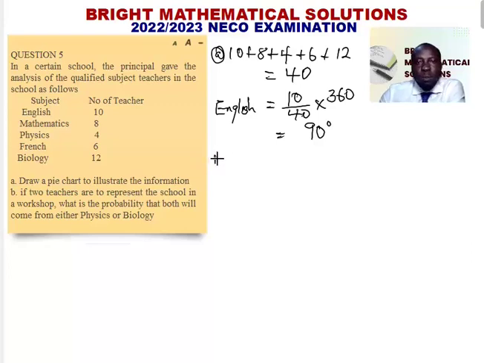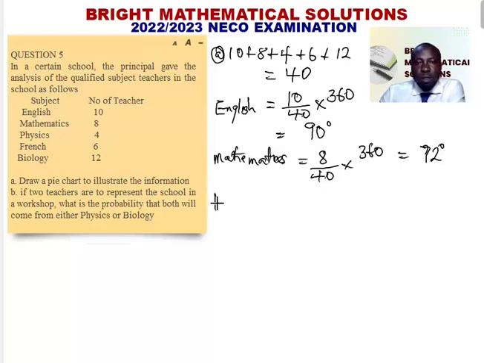Now for mathematics, that will be 8 over 40 multiplied by 360. So for mathematics, it gives us 72 degrees.